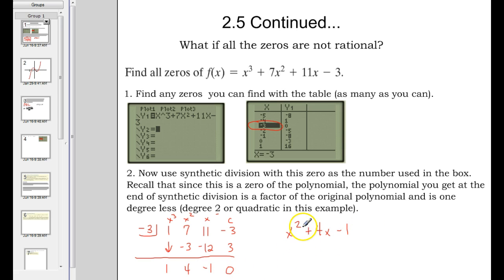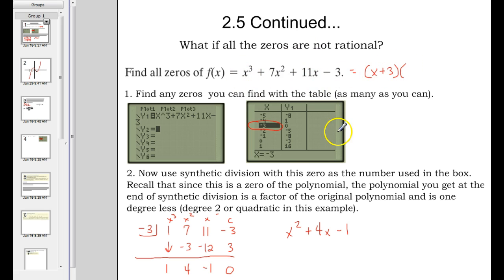So what that means is, so far, this function, x cubed plus 7x squared plus 11x minus 3, since negative 3 was a 0, that means x plus 3 is a factor. Remember, this is the thing that makes a factor of this equal to 0. So negative 3 makes x plus 3 0, which makes this whole entire thing 0.